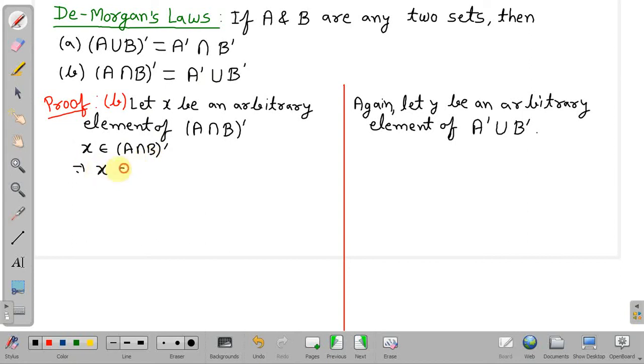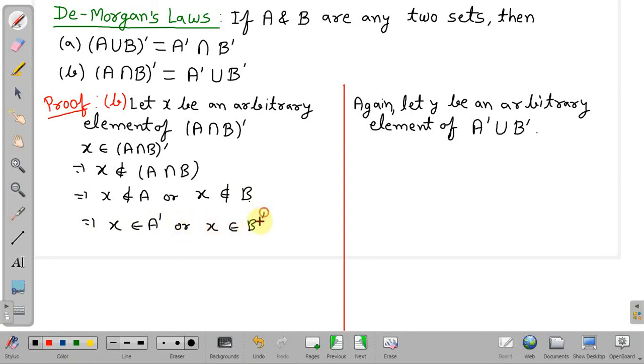So we can write X is not an element of A intersection B, and this can be written as X is not an element of set A, or X is not an element of set B. So this can be written as X is an element of A complement, or X is an element of B complement, and thus X is an element of A complement union B complement.